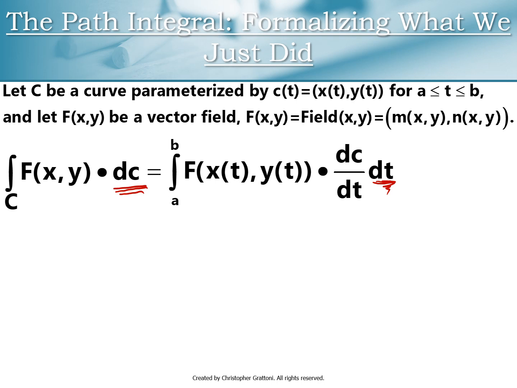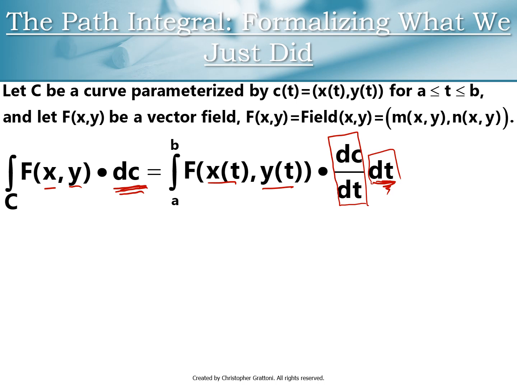With respect to a change in t. Well, we could use the chain rule to break this apart, so we need a dC/dt right here, and then we can change this to a dt integral. So you can see what happened. x got substituted with x of t, y we could replace with y of t, we're parameterizing here, and then if we make that change, then dC can become dC/dt times dt.